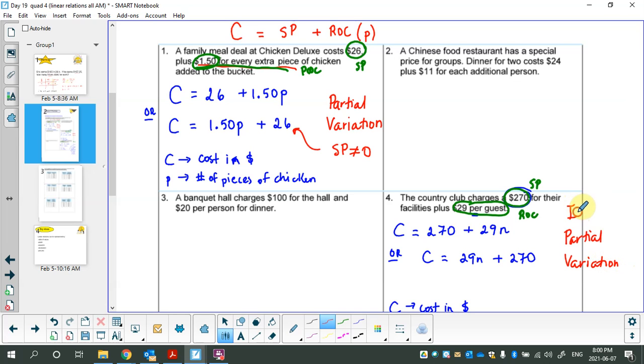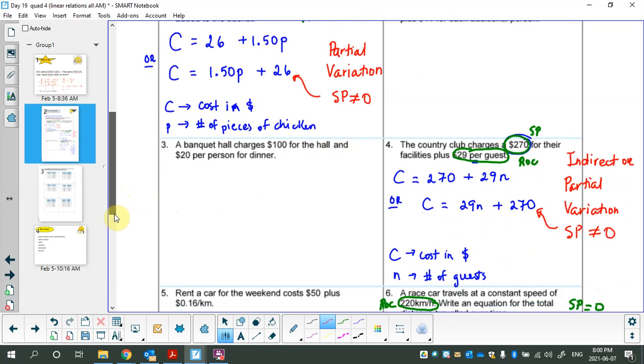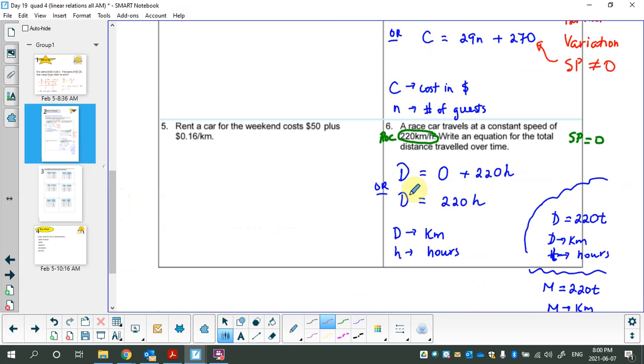Remember that you may see it called indirect or partial variation, and the reason is because our starting point was not 0. And then the last question, oh my gosh, there is a starting point of 0.